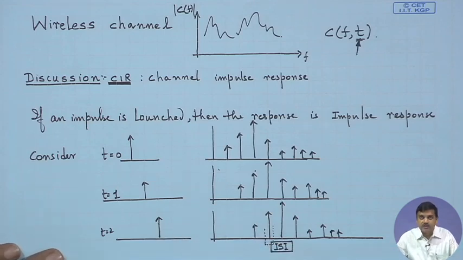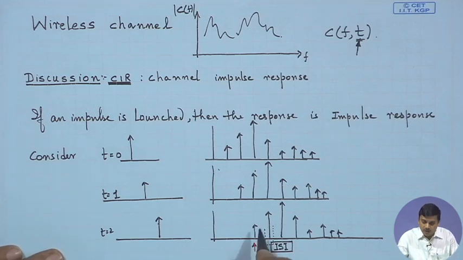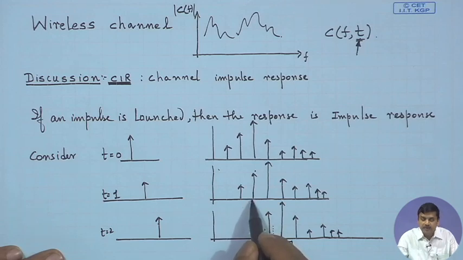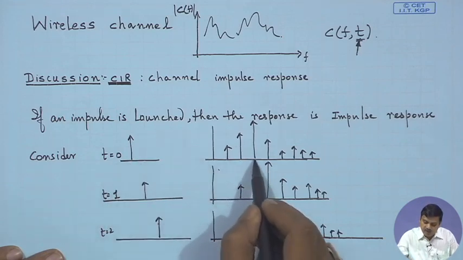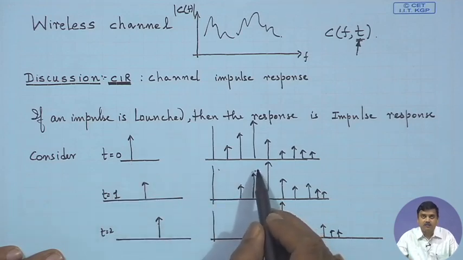If we consider all these situations, and suppose the receiver is observing the output due to the third impulse launched into the channel at a time which is here, what it sees is that when the first response of the channel appears, the second response of the earlier impulse is still available in the channel, while the third response of the earlier impulse launch is also still available.